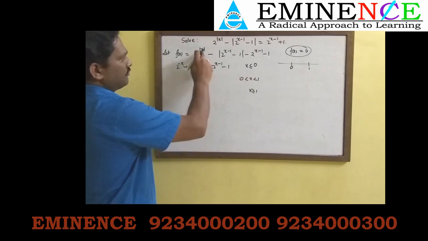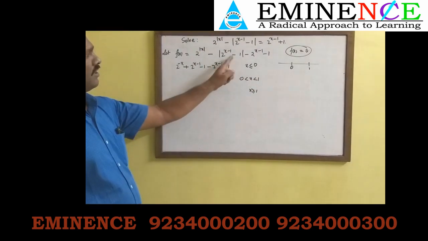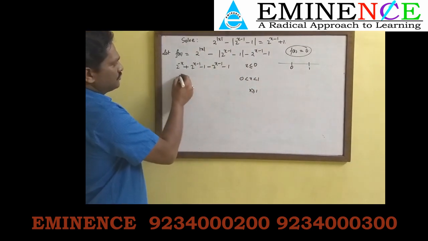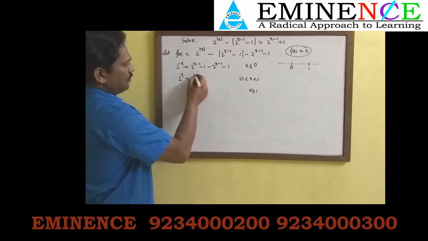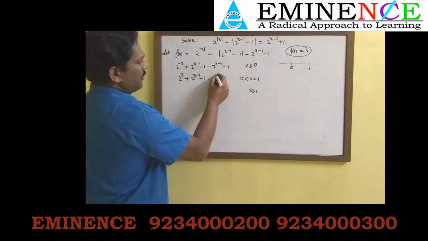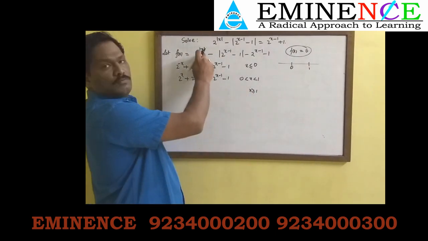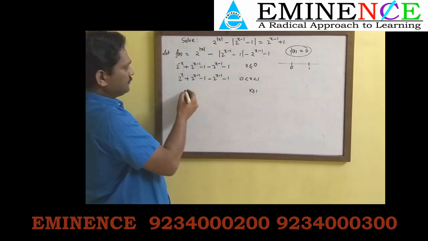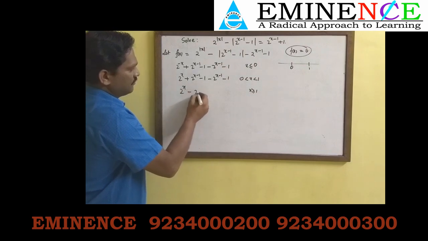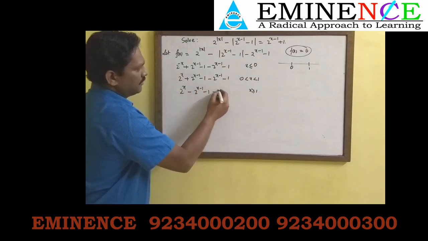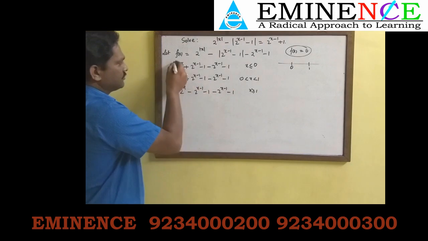For 0 to 1 this is positive, but this is negative. So it becomes 2 to the power x plus 2 to the power x minus 1 minus 1 minus 2 to the power x minus 1 minus 1. For greater than 1, both of them are positive. So I'll write this as 2 to the power x minus 1 minus.